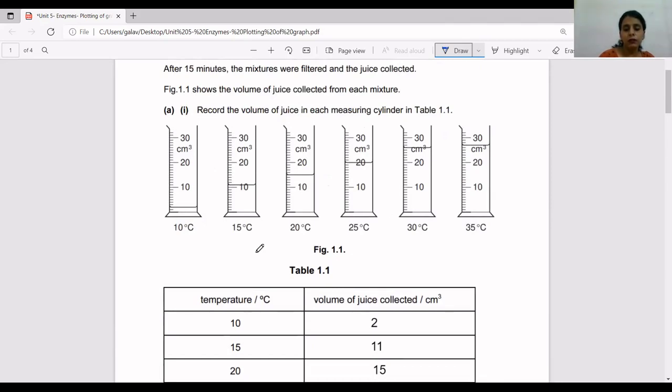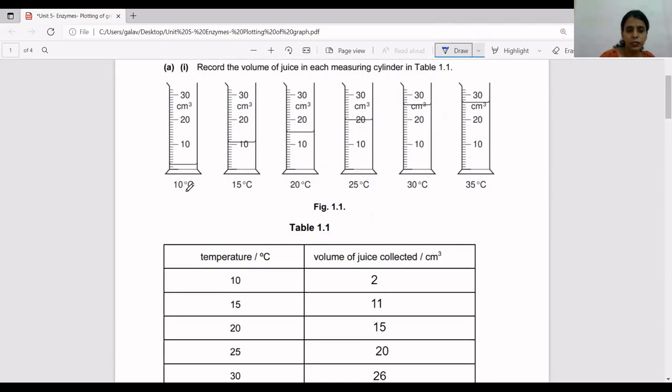So the first one is at 10 degrees Celsius. If you see this measuring cylinder, the scale given here is 10 units, that is 1, 2, 3, 4, 5, 6, 7, 8, 9, 10. So here, this line represents 2 centimeter cube.